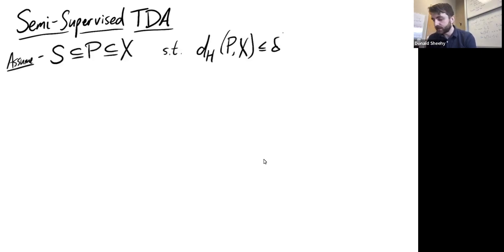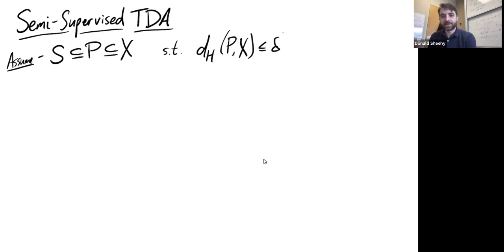So here the setting is, I'm not just given my sample, I'm also given a good sample of the space. A good sample in the sense that it's Hausdorff close. So for every point in X, I've got a sample within delta of that point. So I have a good sample, but I only have the function value at some arbitrary subset of the points.